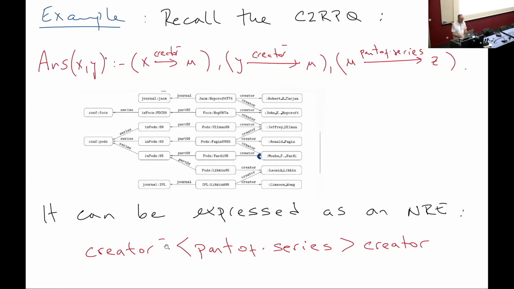The only thing that we have to say is creator minus, followed by an existential test. What does it do? It checks from this node whether there exists a path labeled part of series, but stays in this node. It doesn't leave this node. And then it checks whether it can reach another author, in this case Bardi, with the creator edge. So that's the power of these existential tests.